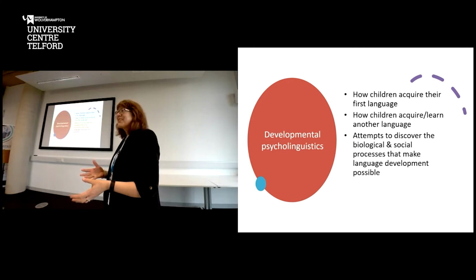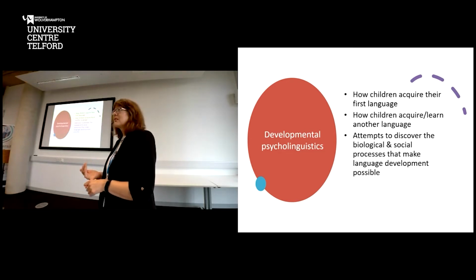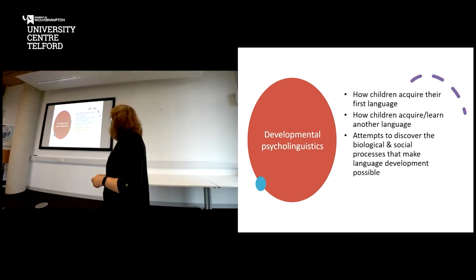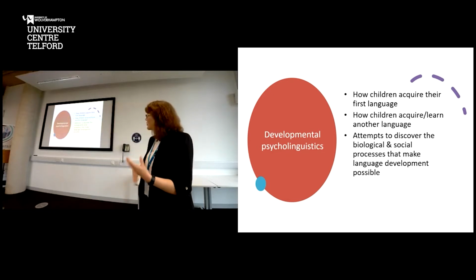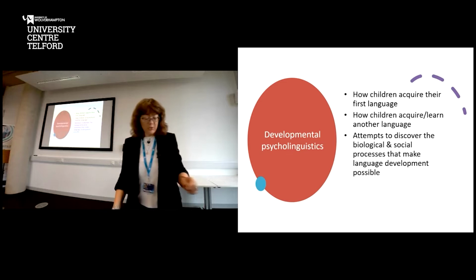But most of the research that has been done in psycholinguistics has not only been done on children acquiring English, it's been done on monolingual children. So there are some people who argue that this is a bit skewed. It's also about discovering the biological and social processes that make language development possible.